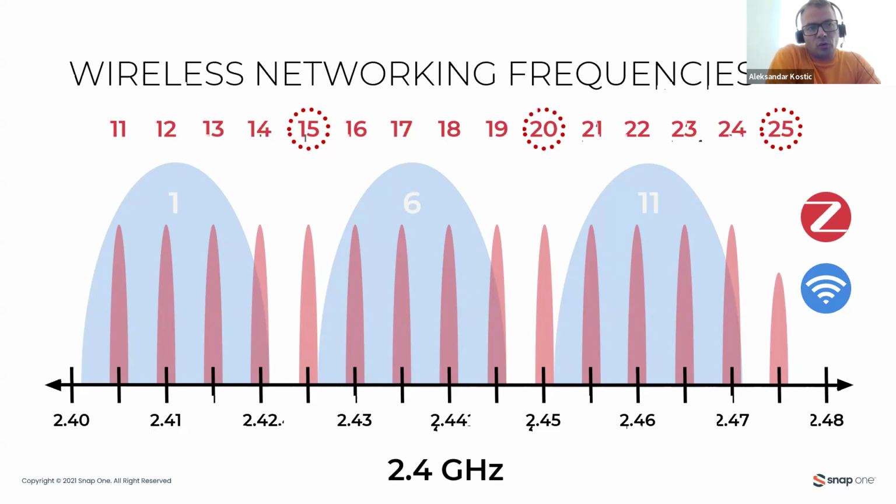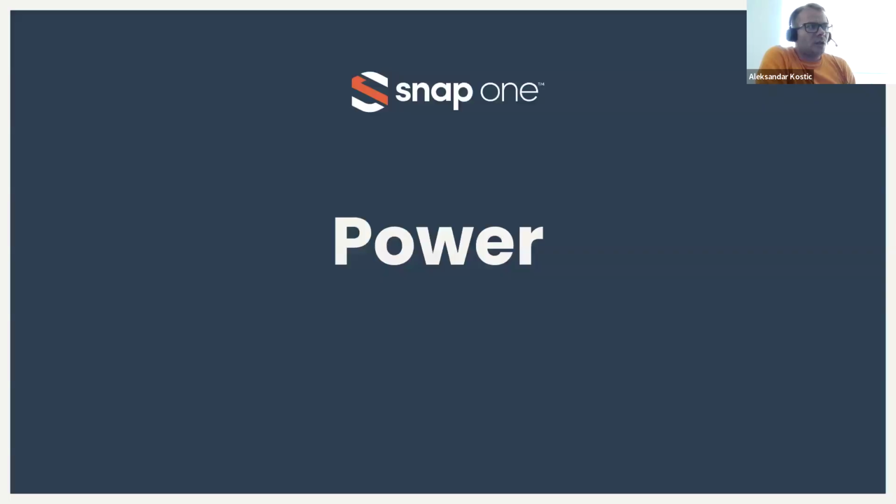So we need to be sure that the Zigbee access point, that means the Control4 controller, is close enough to the Zigbee devices to provide a reliable connection. Okay, so that is related to the best practices regarding the wireless setup and wireless communication.